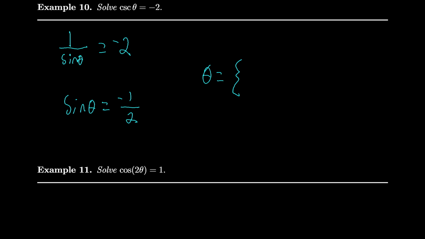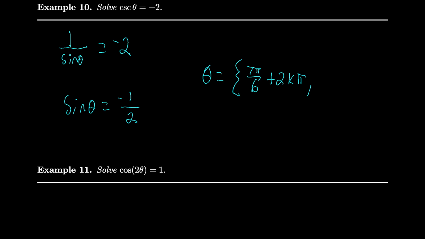It's equal to negative 1/2 at 7 pi over 6. Okay, but there's no domain restriction, so you have to add in 2k pi, or 2 pi k, whatever you want to call it. It doesn't matter. And 7 pi over 6 was one of them.